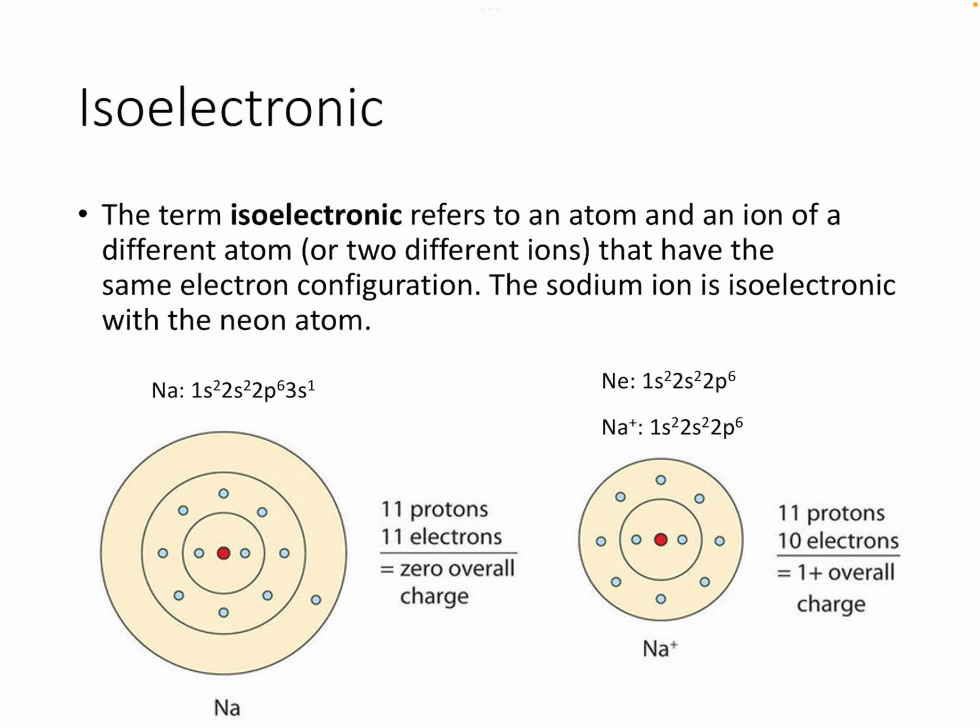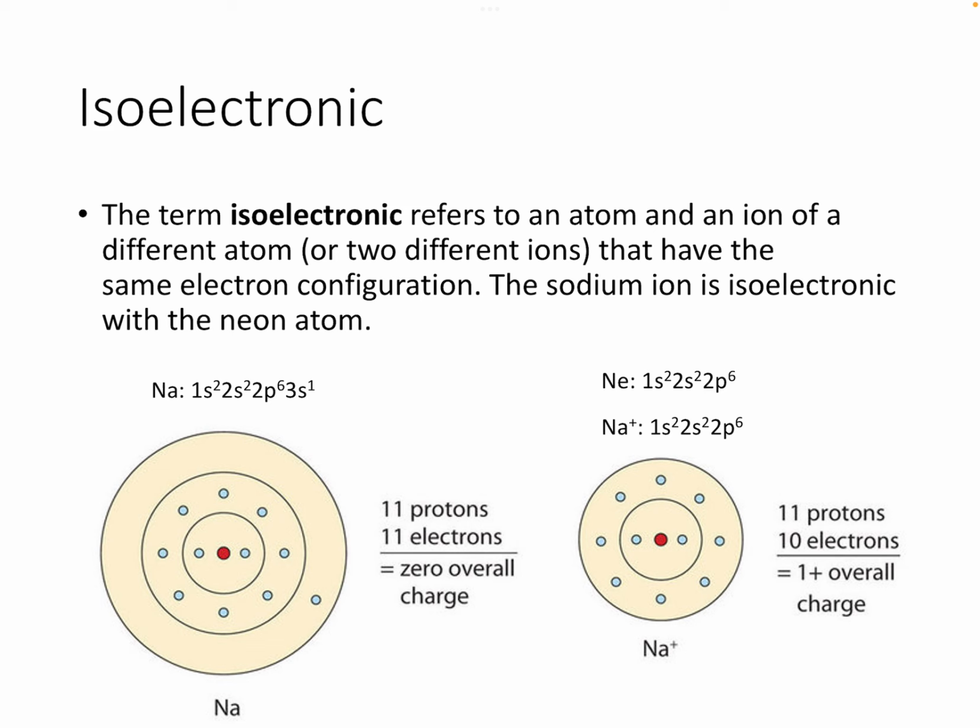Now, there is a term that might come up in your readings, and that term is isoelectronic. So isoelectronic refers to an atom and an ion of a different atom, or two different ions, that have the same electron configuration.